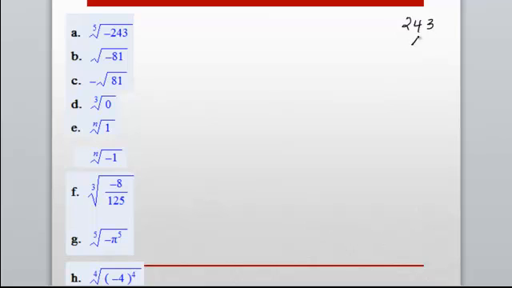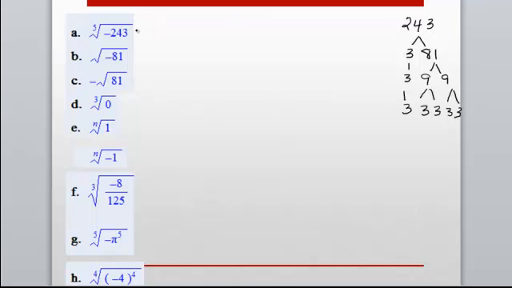You have 243. I know 3 will go into 243 81 times. So we have 3. 81 will break down into 9 times 9. 9 will break down into 3 times 3.